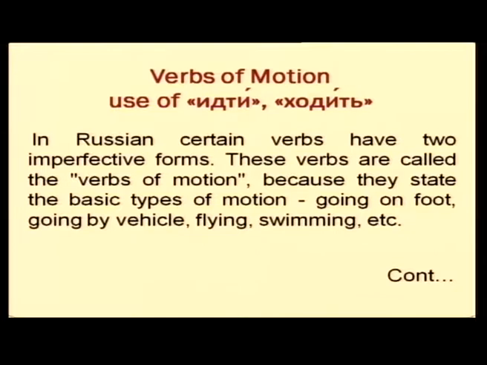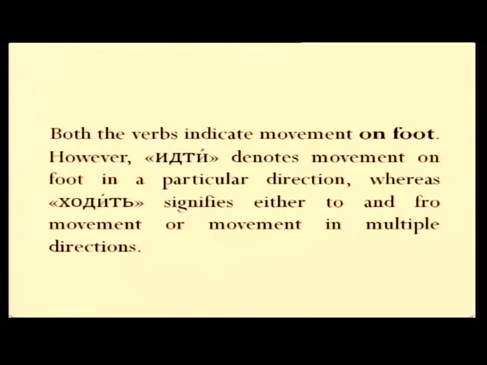As you know, in Russian there are certain categories of verbs which are identified by their endings, and then there are certain verbs which are totally used in a special category, which is called verbs of motion. But the verbs of motion are conjugated like we conjugate verbs in general, so идти and ходить will also be conjugated in the same fashion.